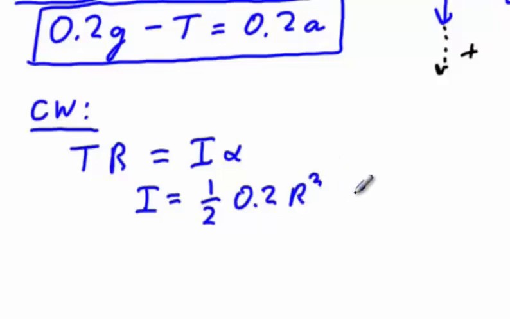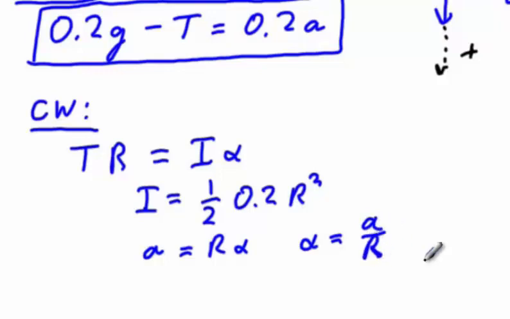Secondly, we recognize that since the yo-yo is unrolling off of a string, there's a relationship between the angular acceleration and the linear acceleration. That relationship is that a is equal to r times alpha, so that equivalently alpha can be replaced by a over r.